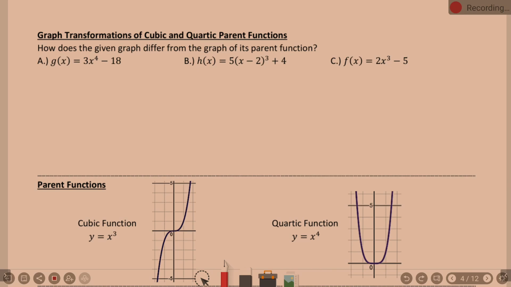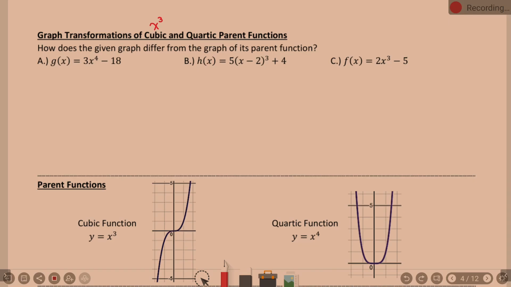So, this is graphing transformations of cubic and quartic. This isn't a whole lot different than everything else we've done. We've already looked at transformations of quadratic, when there was an x squared. We've looked at transformations of absolute value. Now, cubic means there is an x cubed involved.